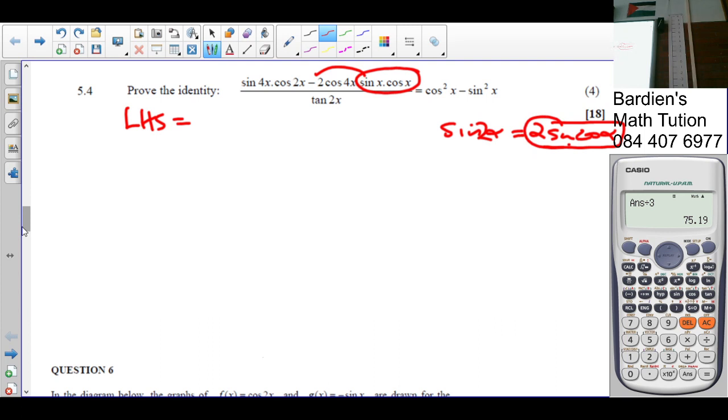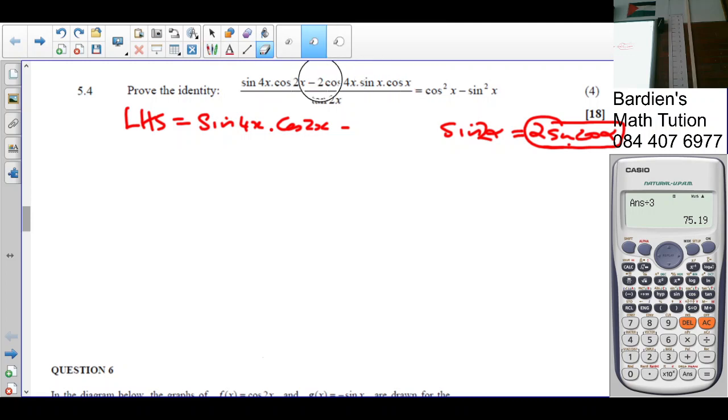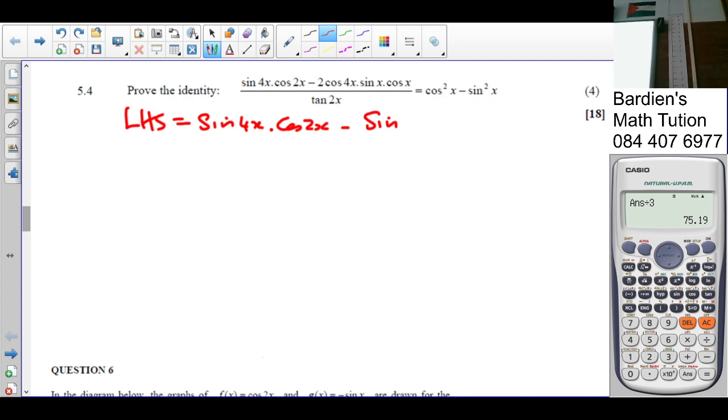So in other words, I have sine 4x times cos 2x minus, now remember 2 sine x cos x can be written as sine 2x, as I showed you now. So that's going to be sine 2x cos 4x over tan 2x.